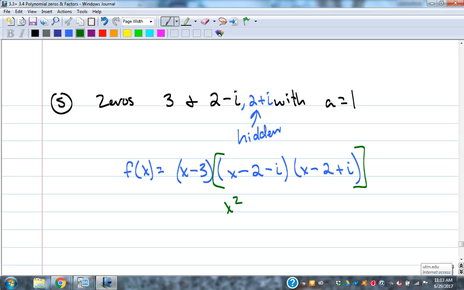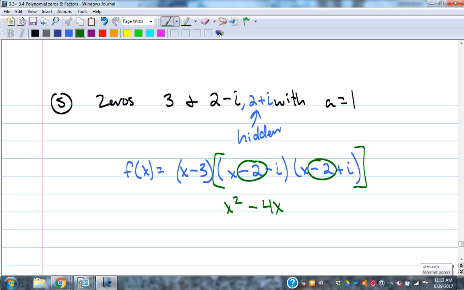The x minus 2 and x minus 2. If you multiplied minus 2 and minus 2 together, that'd be 4, right? And you change the sign. So it's negative 4x. The real part, and then change the sign. Multiply those two things together, change the sign. Whatever number's there. If the complex zeros were negative 4 plus 5i, you would do that.